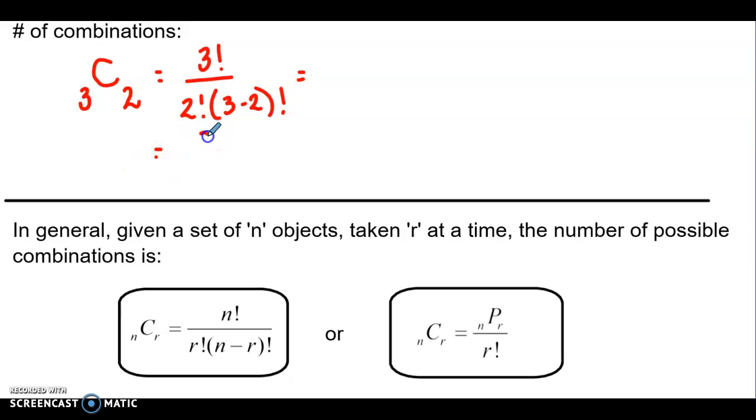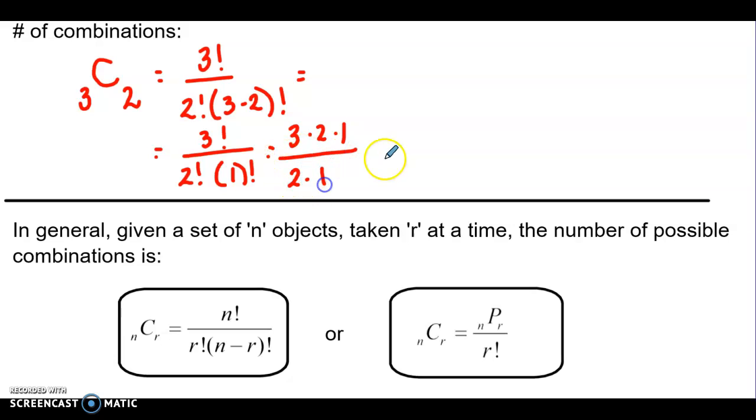And that would give us 3 factorial over 2 factorial times 1 factorial, 3 times 2 times 1, divided by 2 times 1, and that will give us 3 combinations.